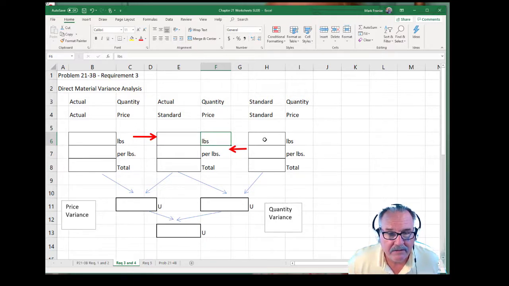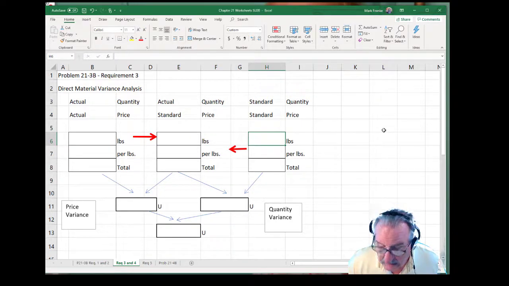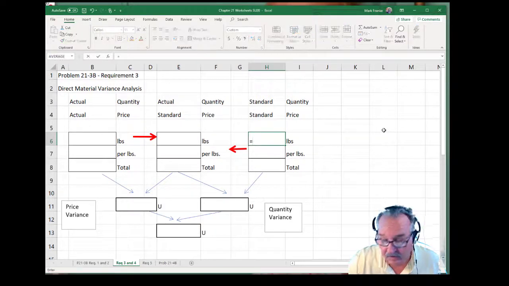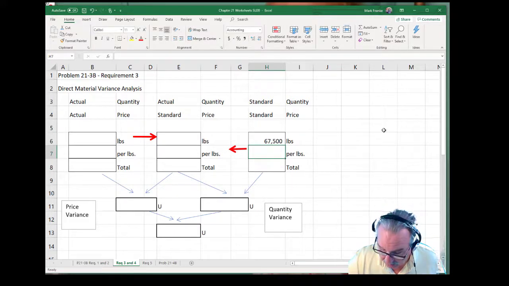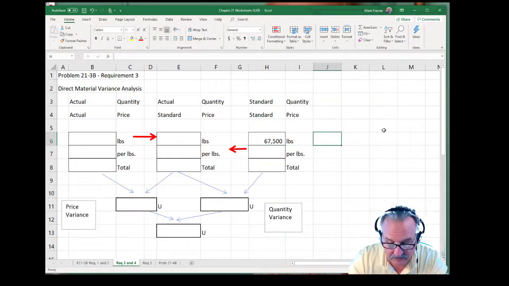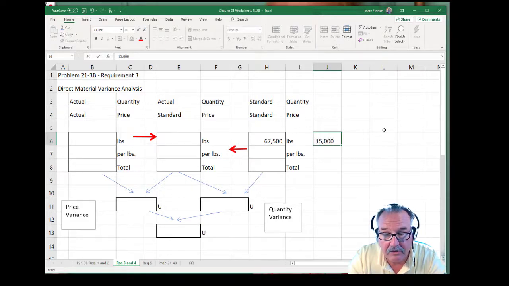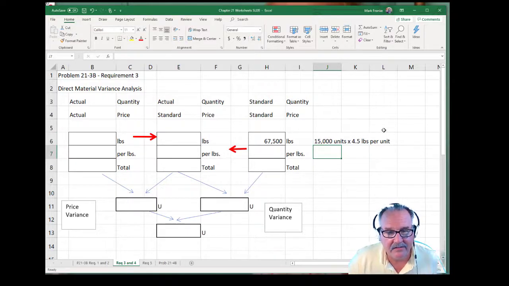So if we operated at 15,000 units, we're going to take 15,000 units times 4.5 to get the total number of pounds. And I'll make a notation of that out here. This is 15,000 units times 4.5 pounds per unit. That's how I got that 67,500.